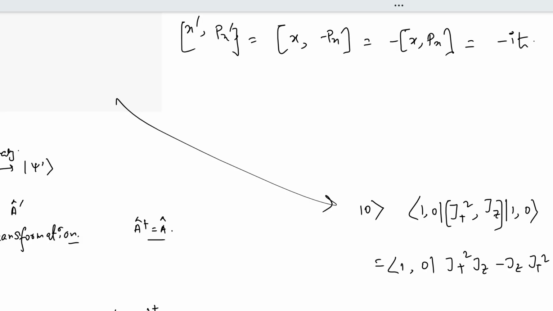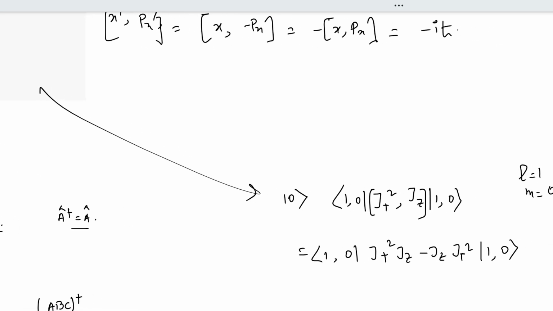j plus squared is basically j plus acting twice on 10. So this is equal to root over of h cut, j into j plus 1, so 1 into 1 plus 1, minus m into m plus 1, so this is 0. This becomes 1 1 because this is a ladder operator. Now this has to be acting twice, so this is another j plus, so this is h cut squared.